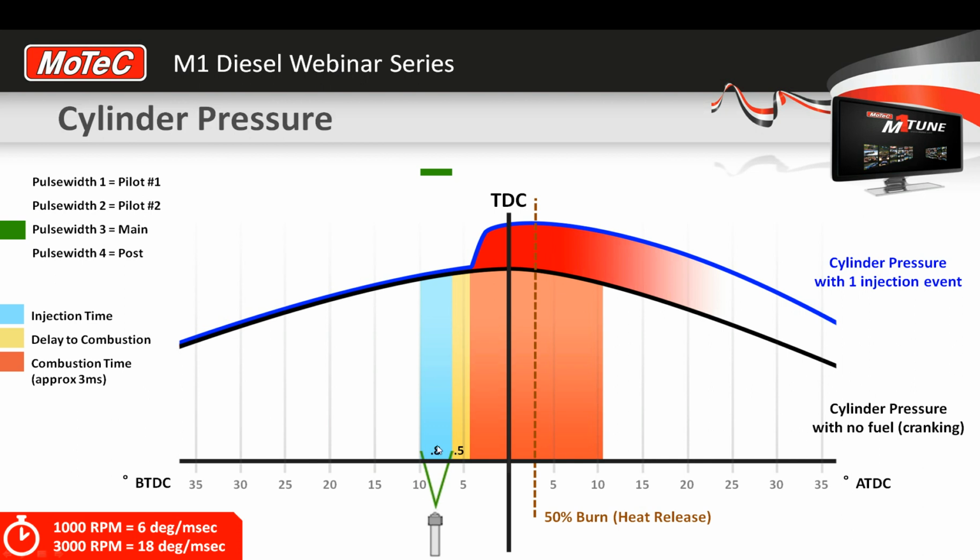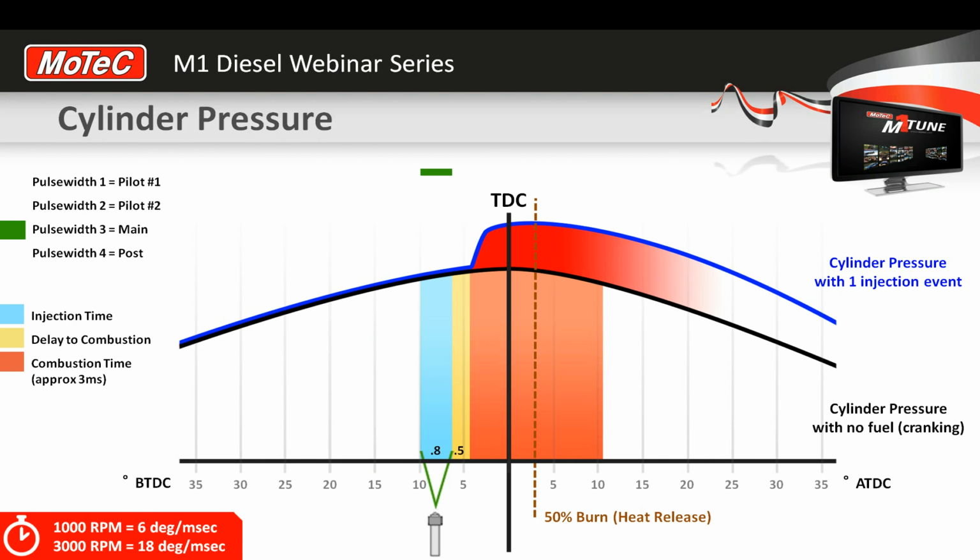So having long pulse widths in diesels is not ideal. To give you some idea, on the average 3-litre common rail diesel engine that we've been working on, the maximum pulse width at standard power levels is something like 1.8 to 2 milliseconds.